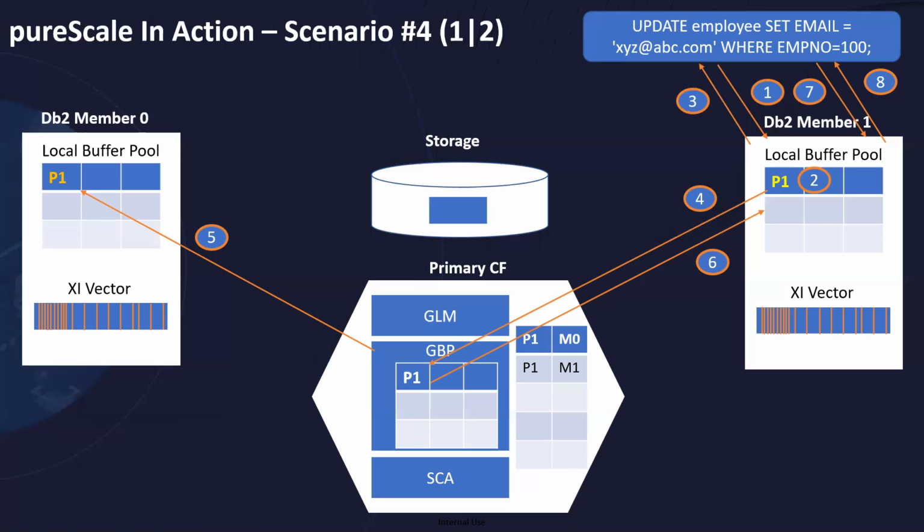So they didn't have to relearn how to write a global lock manager or how to handle registration of pages in a global buffer pool, because they had experience from the early 90s with data sharing. They could leverage that same understanding of the architecture when they built pureScale.